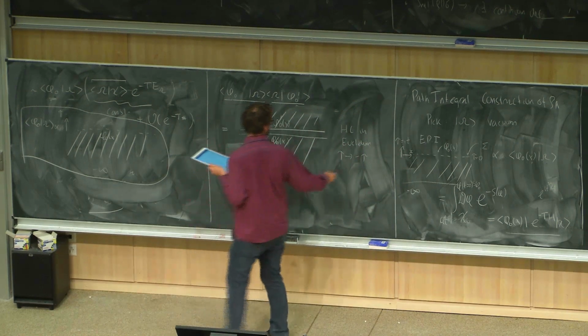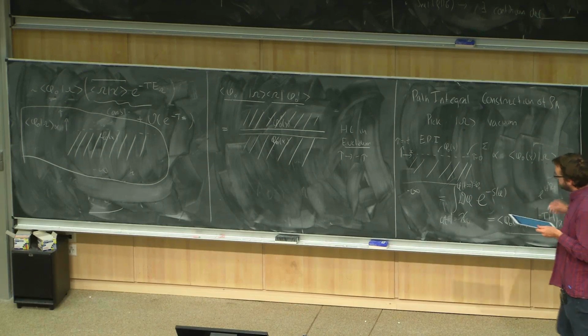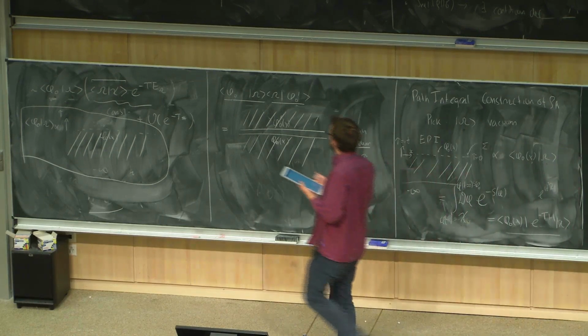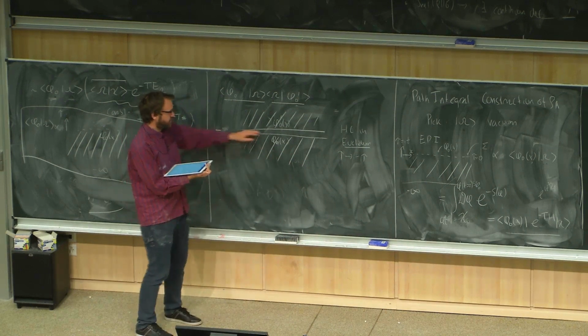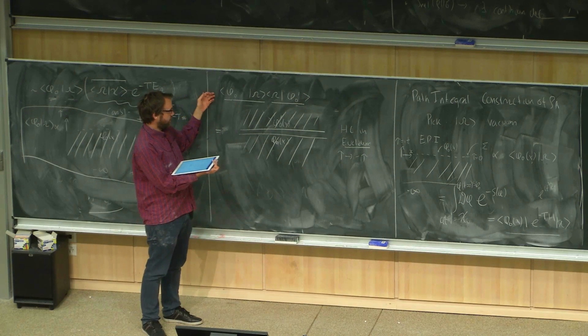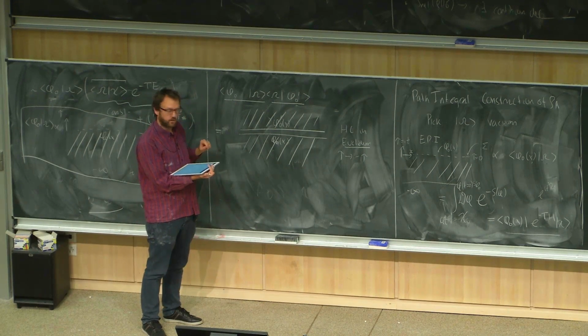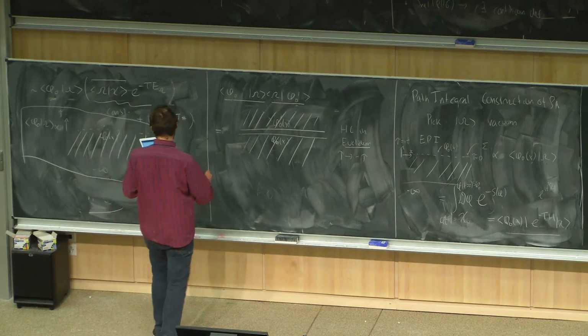This is a property of the Euclidean path integral. I've drawn these next to each other, but there's no relation between these field configurations. Now we're going to try to do a partial trace. We're going to join these when we do that partial trace, so that's why I've drawn them next to each other.